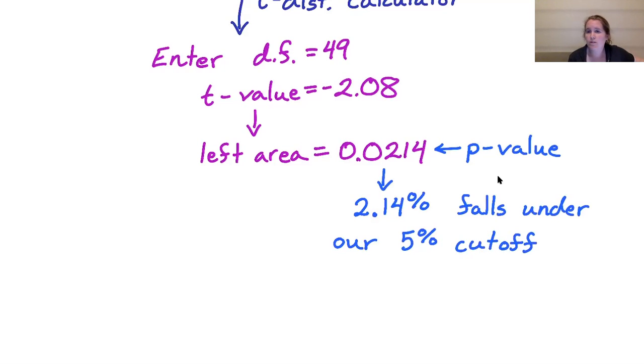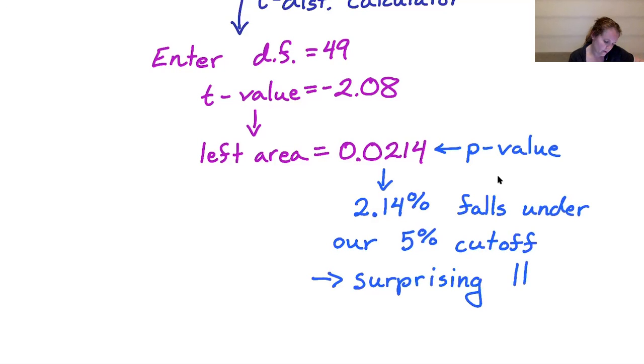So this is deemed rare enough for it to be surprising if the null hypothesis were true. So since this is surprising if the null hypothesis were true, that makes us think that the null hypothesis is wrong.